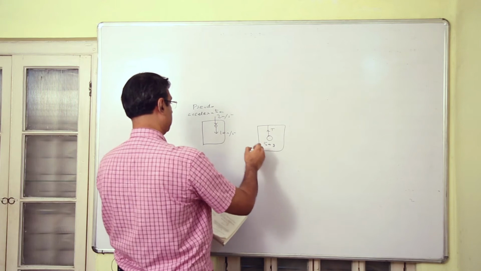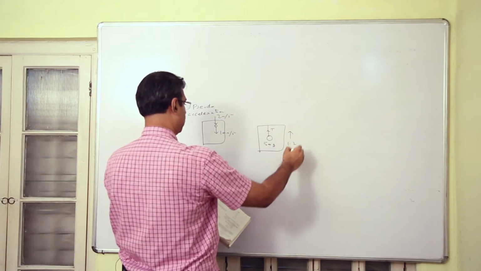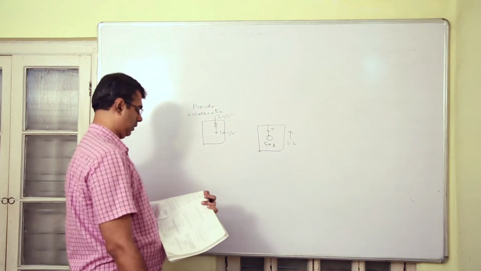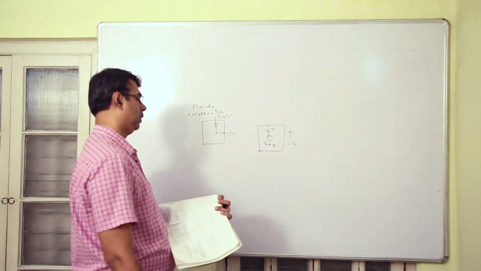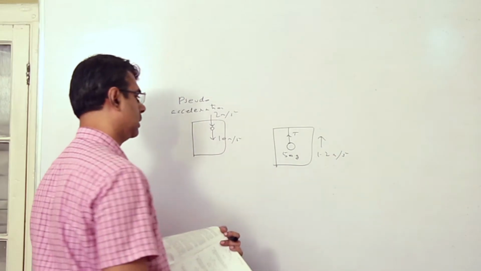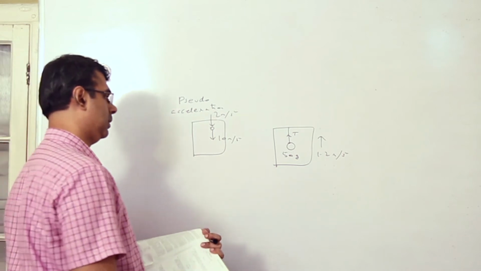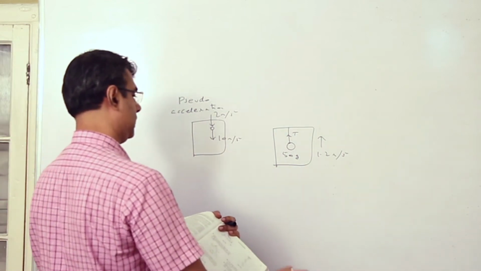So the question is, what will be the tension of the string if the elevator goes up with an acceleration of 1.2 meters per second square? I repeat, what will be the tension in the string if the elevator goes up with an acceleration of 1.2 meter per second square?